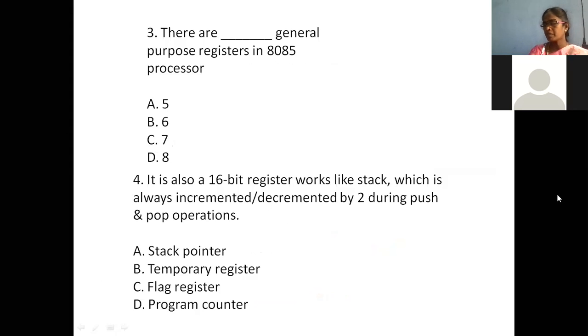How many general purpose registers are there? 6: BC, DE, HL. Okay. It is also a 16-bit register, works like a stack, which is always incremented or decremented by 2 during push and pop operation.